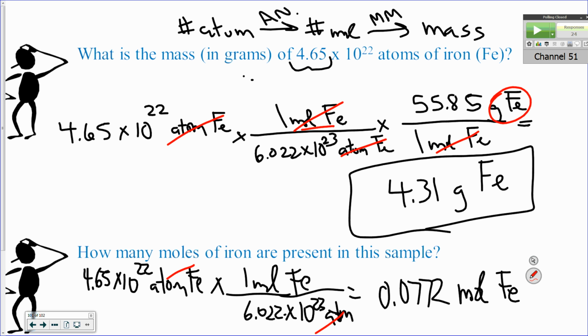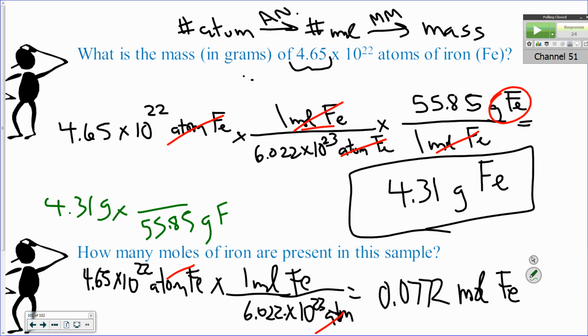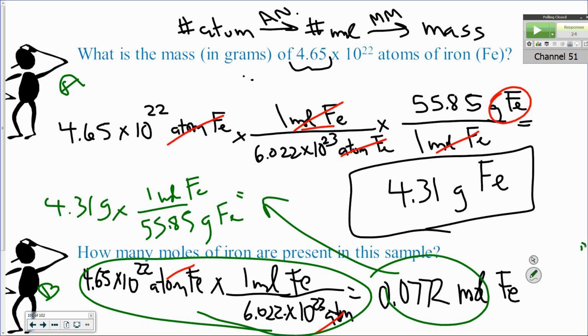If you had done that stage in the calculation, so if you had the number of grams, you could know that there's 55.85 grams of iron per 1 mole of iron, and it gives you the exact same thing. However, you had to know that first. If you hadn't done part A, you would need to go back and do this. But if you look at this portion of it, that is the first step of the problem.